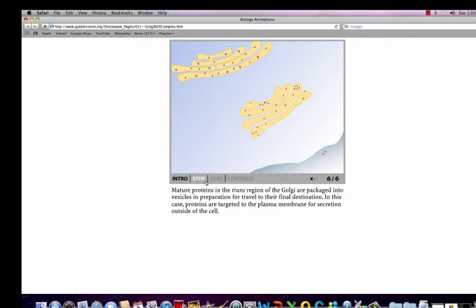Okay? So it's important that you understand that the Golgi works in concert. This endomembrane system, they all work in concert. And the Golgi is a network of membranes in the cytoplasm whose function is to modify, synthesize, sort, and store proteins.